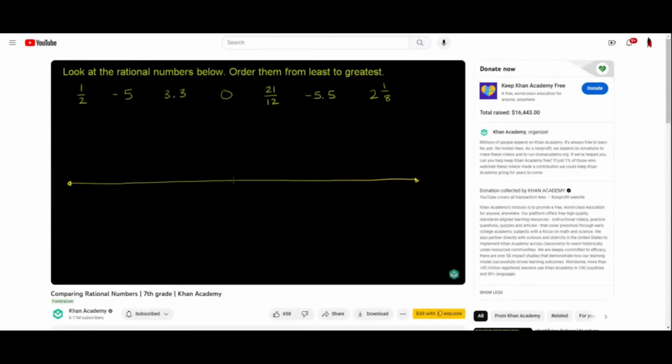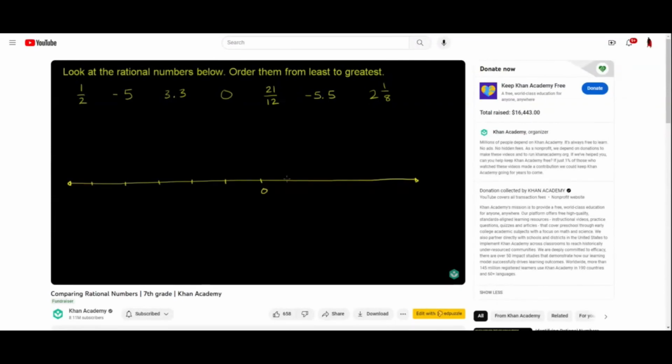So I could safely put 0 right here in the middle. I can go a little bit to the right since our negative numbers go more negative. So 0. And let's make this negative 1, negative 2, negative 3, negative 4, negative 5. And that should be enough.